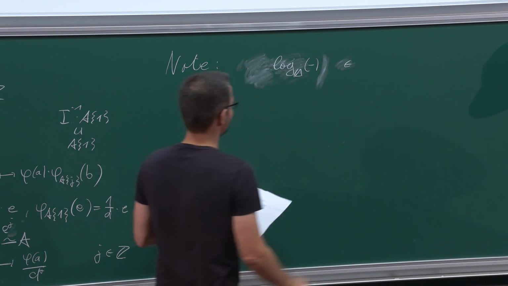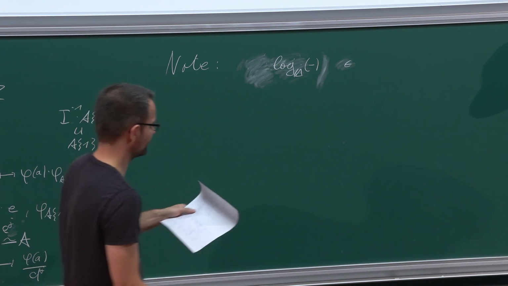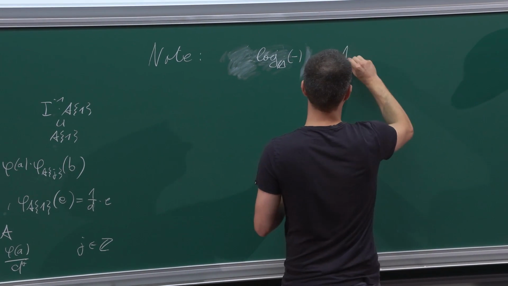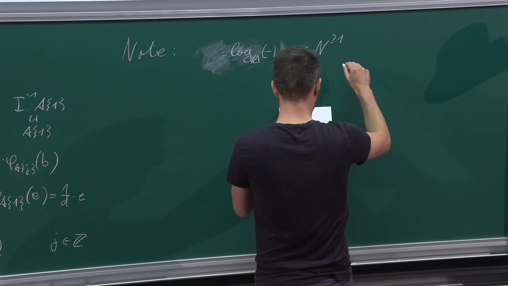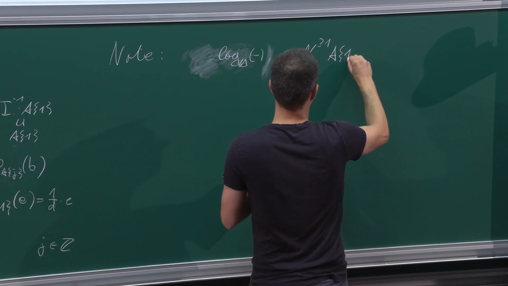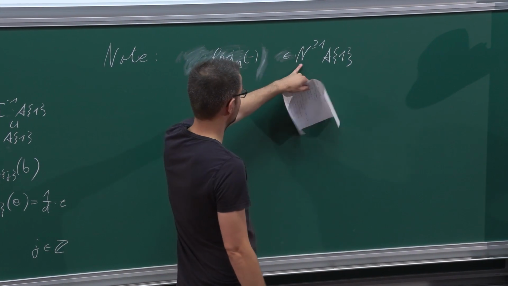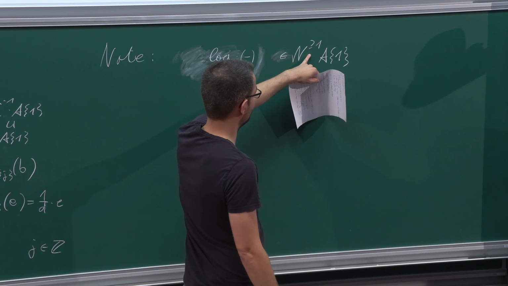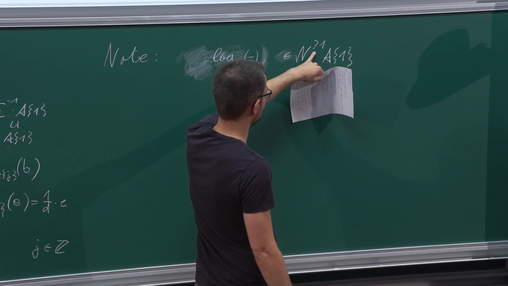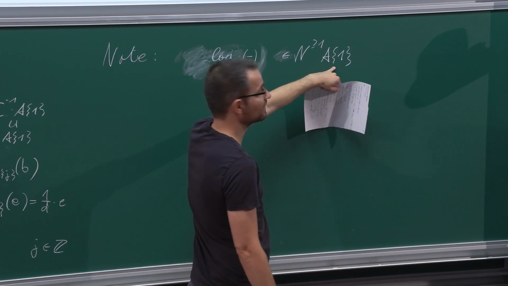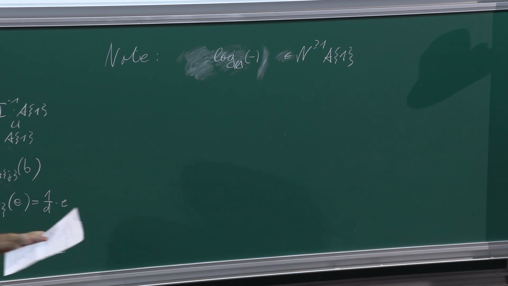So the prismatic logarithm itself already has to land inside the first piece of the Nygaard filtration of A Breuil-Kisin twisted.